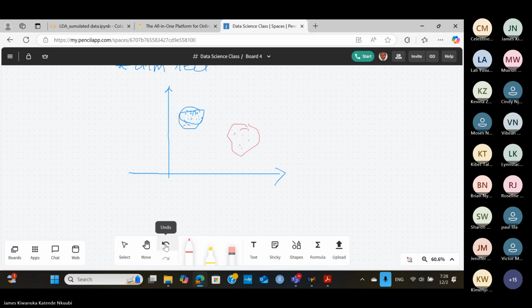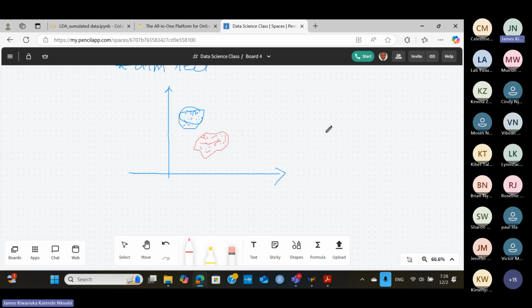So suppose the other class is somewhere here. These are all points. I'm just drawing a boundary so that it's easier for you to see everything.